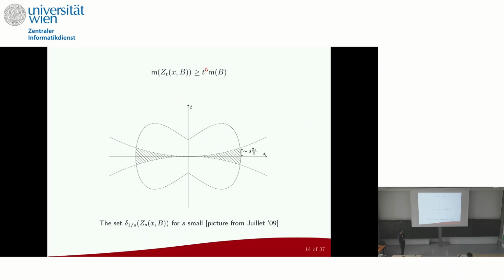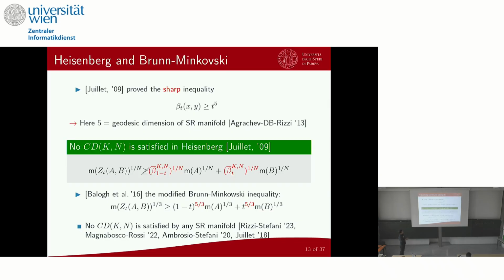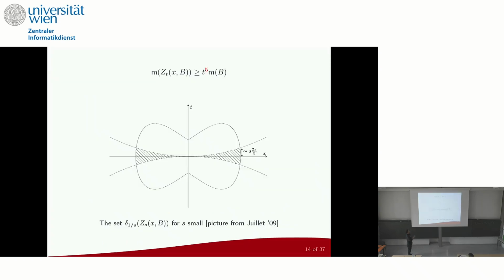Good. So if you think of this inequality, and for instance you kill the set A, so you say that A is a point, and you think in terms of the measure contraction property, then you see that if A is a point, you can raise everything to the power 3, and you get this inequality here.